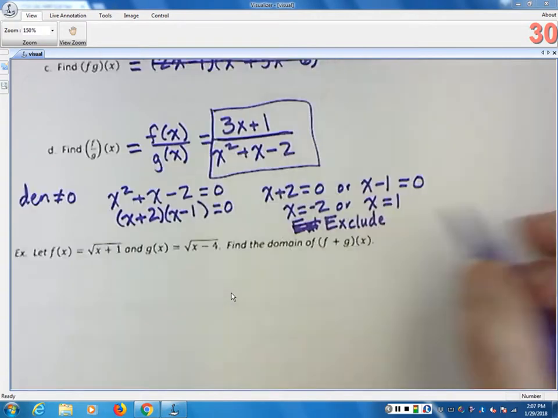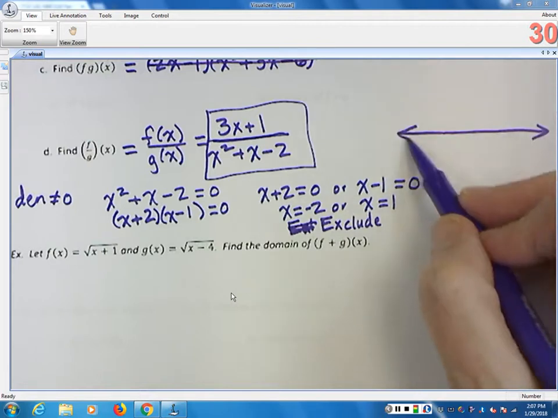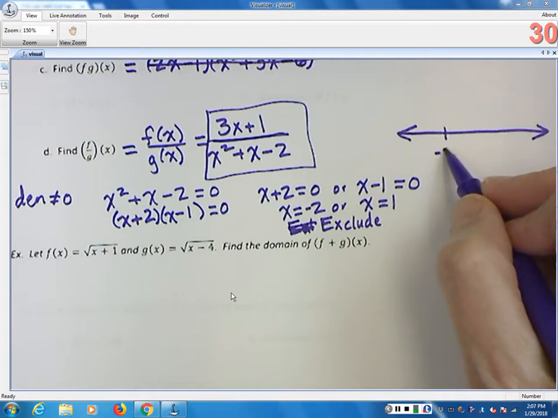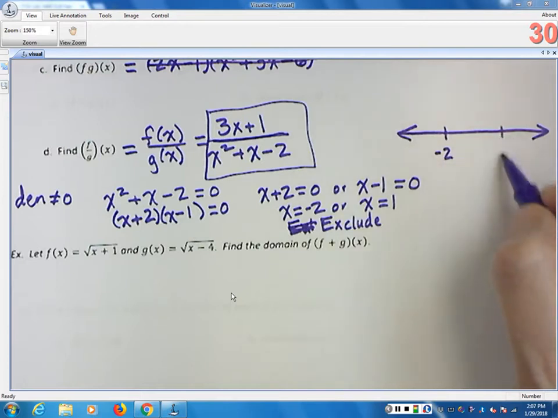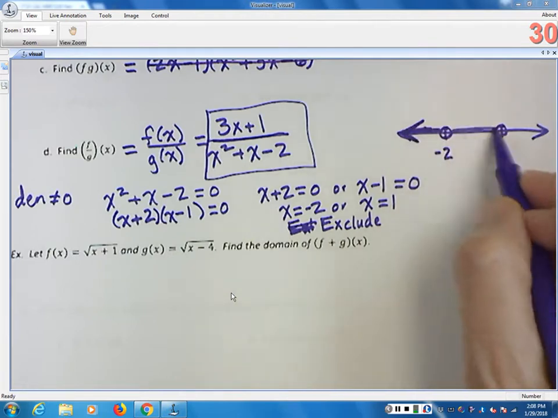All right, so to write that in interval notation, if you need to do it, you can draw a number line, put the smaller number on the left, the bigger number on the right, draw open circles. You're going to have 3 areas, 3 intervals.